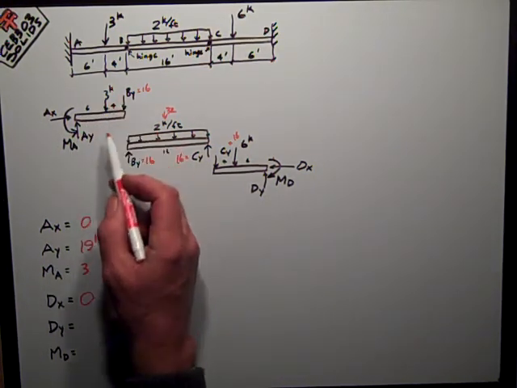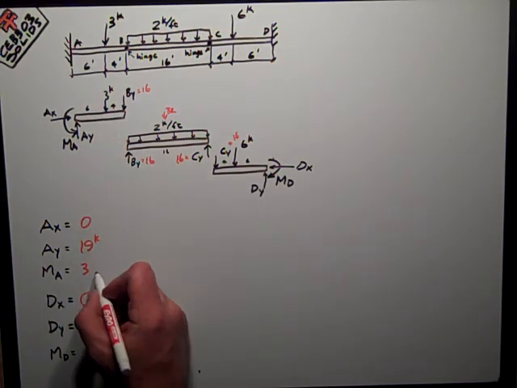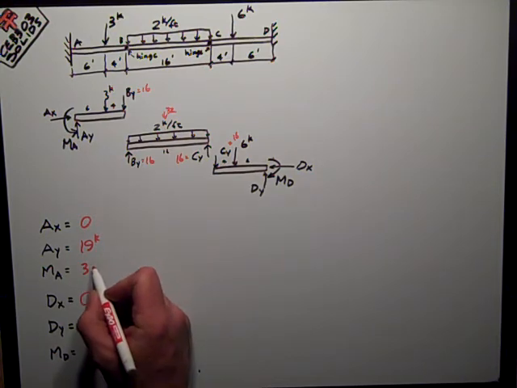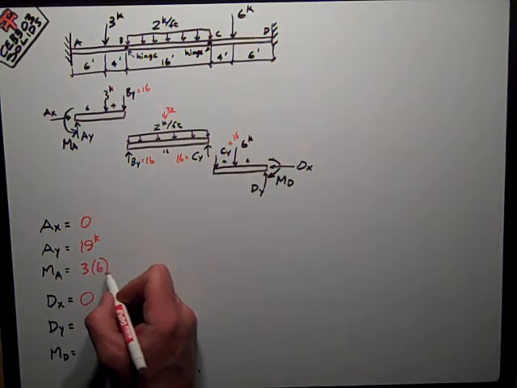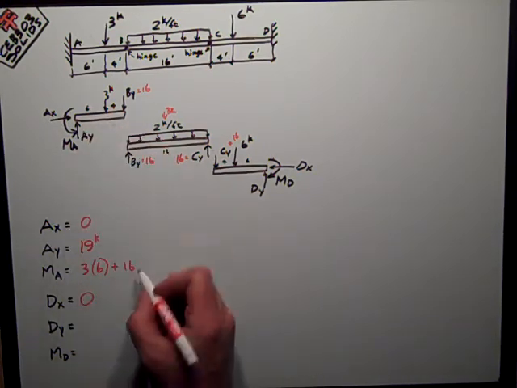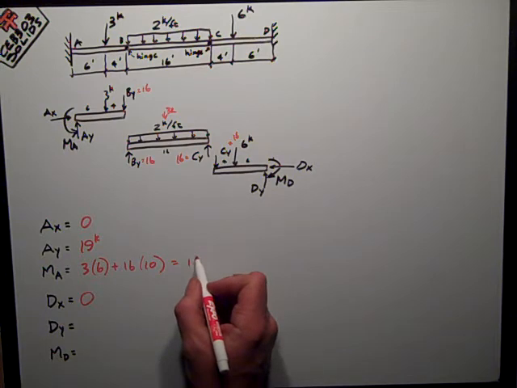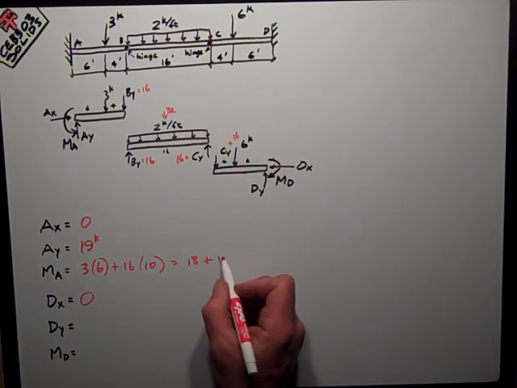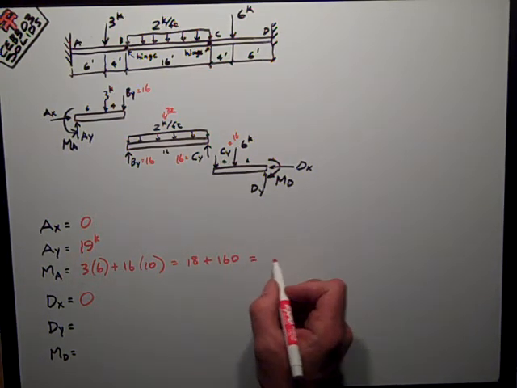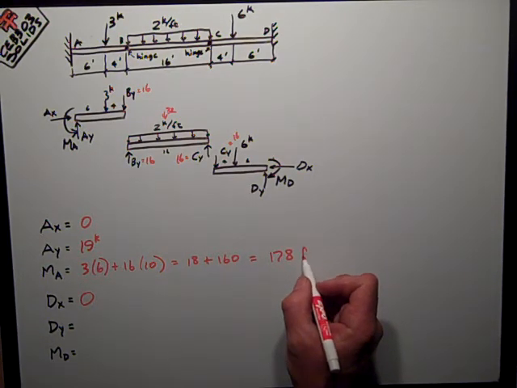These are both going to cause clockwise moment, so it's just going to be equal to the numerical sum of those. 3 times the 6-foot moment arm plus 16 times the 10-foot moment arm. So that's equal to 18 plus 160 is equal to 178 foot kips.